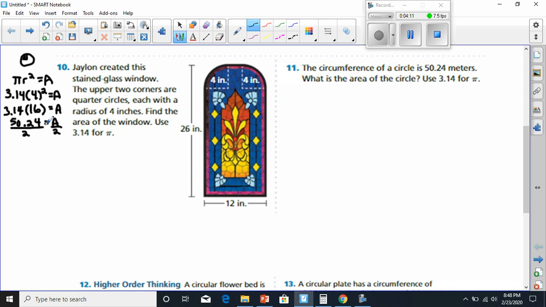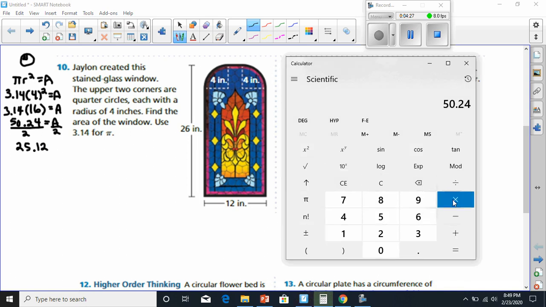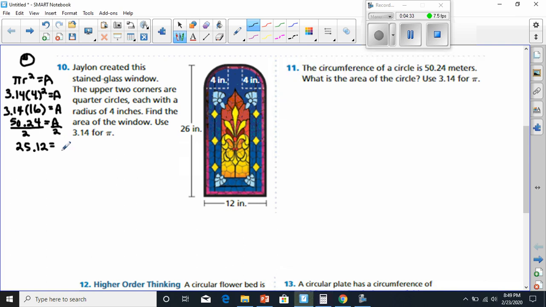So if we do this, we realize that our answer is going to be 25.12. I'm fairly certain I'm correct on that. Divided by 2, 25.12. And that's going to be the area of basically half a circle, right? That's the area of the 2 corner windows.